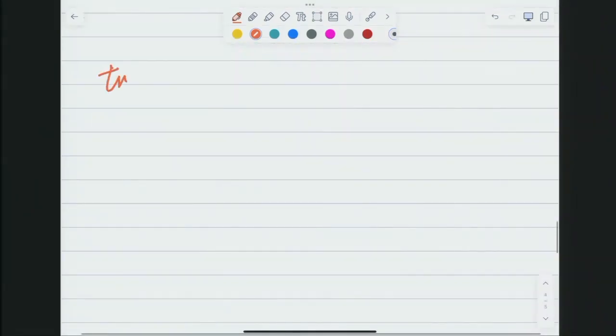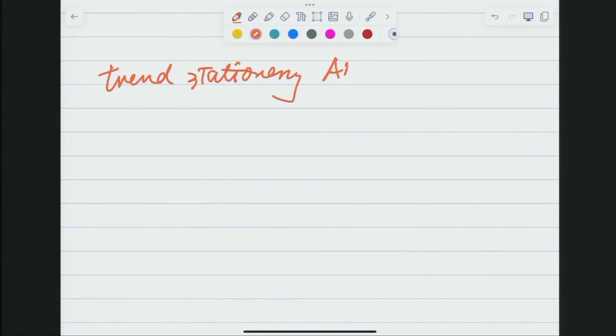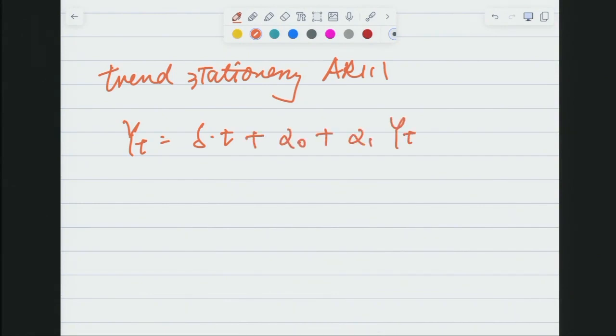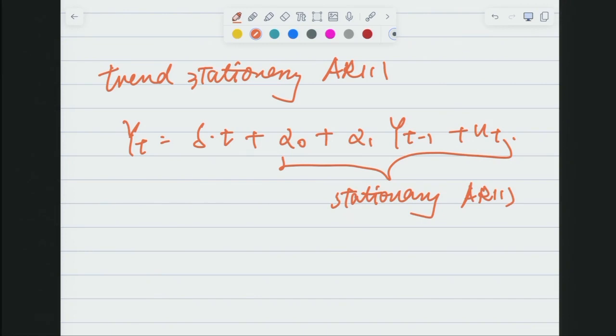So the trend stationary AR1 has yt incorporating the deterministic trend, plus alpha naught plus alpha 1 yt minus 1 plus ut. This is the stationary AR1 component, given that alpha 1 is less than 1 in absolute value, okay? And this is the deterministic trend component.